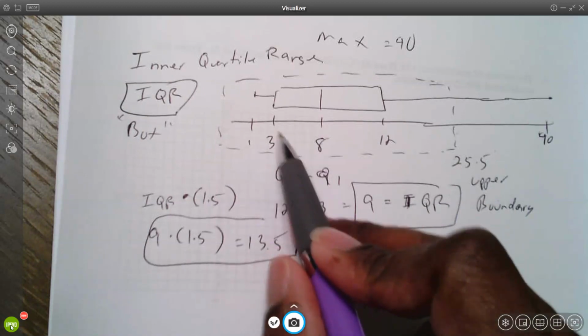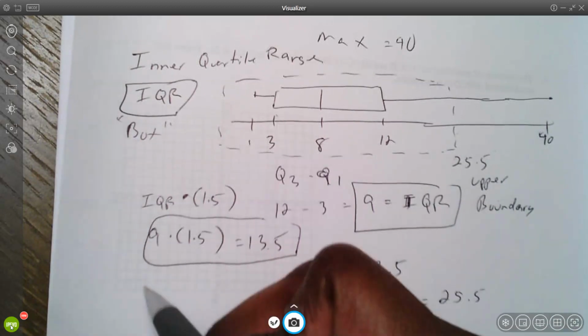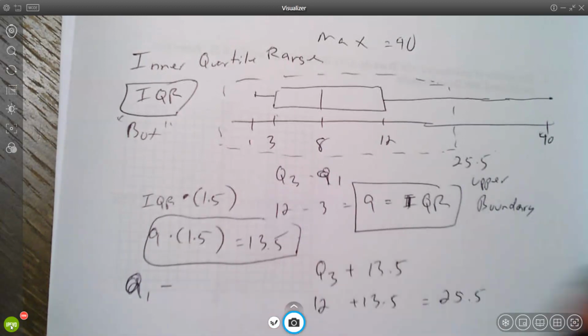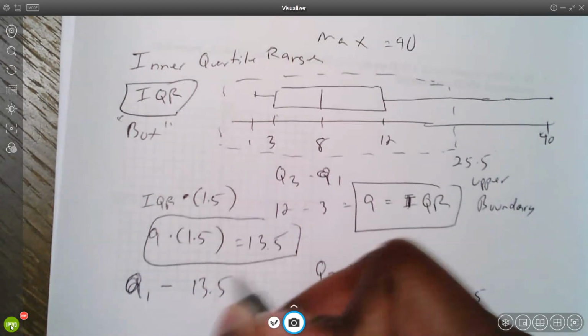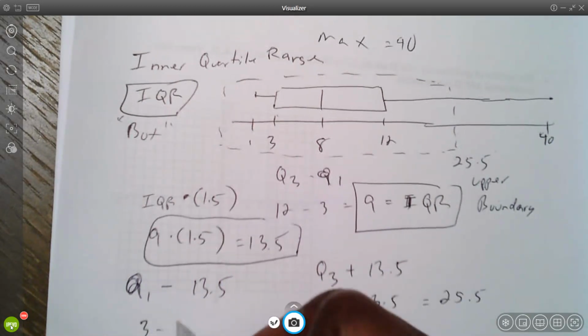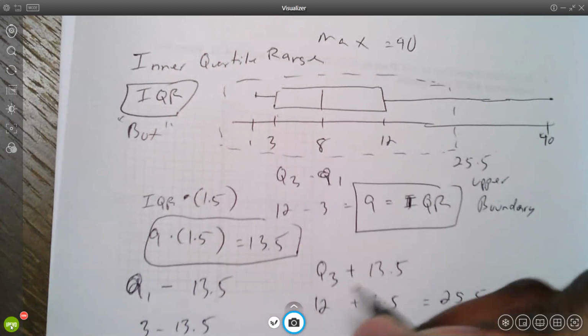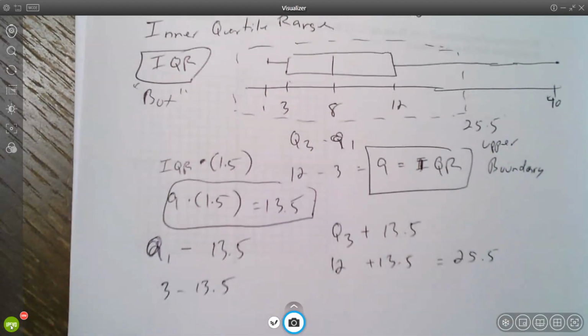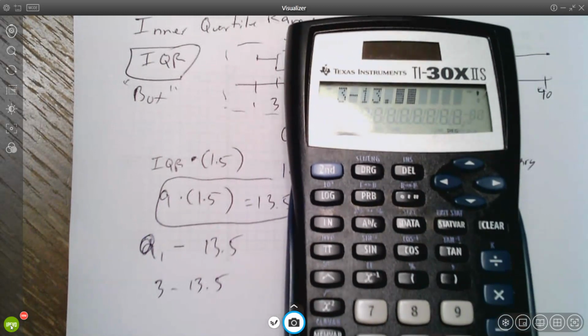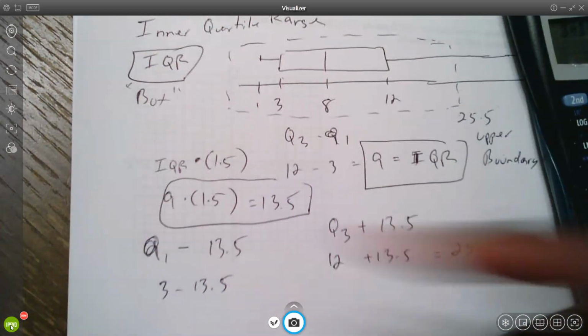And then on the low end, you would take our Q1 value, and we subtract 13.5 from it. So Q1 would be 3, take away 13.5, and I think that's going to be 10.5. Make sure I'm right though. So negative 10.5.